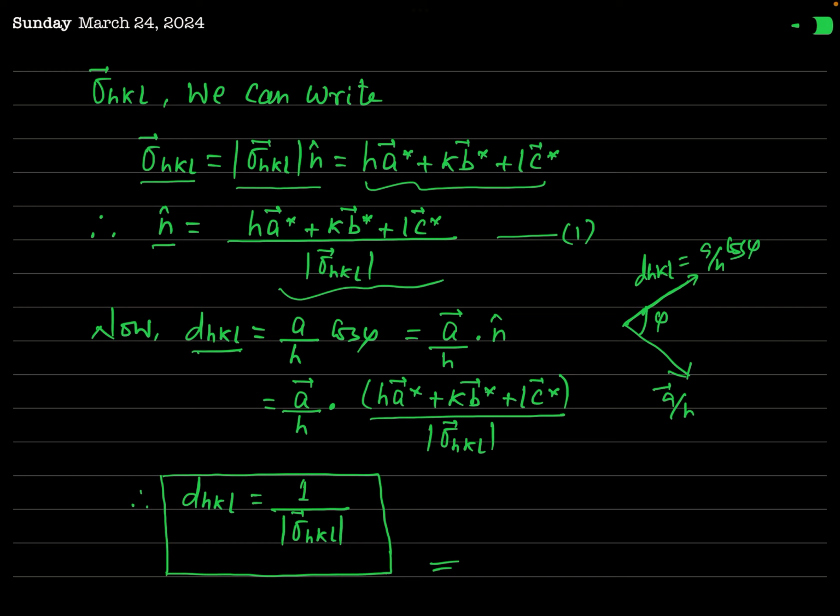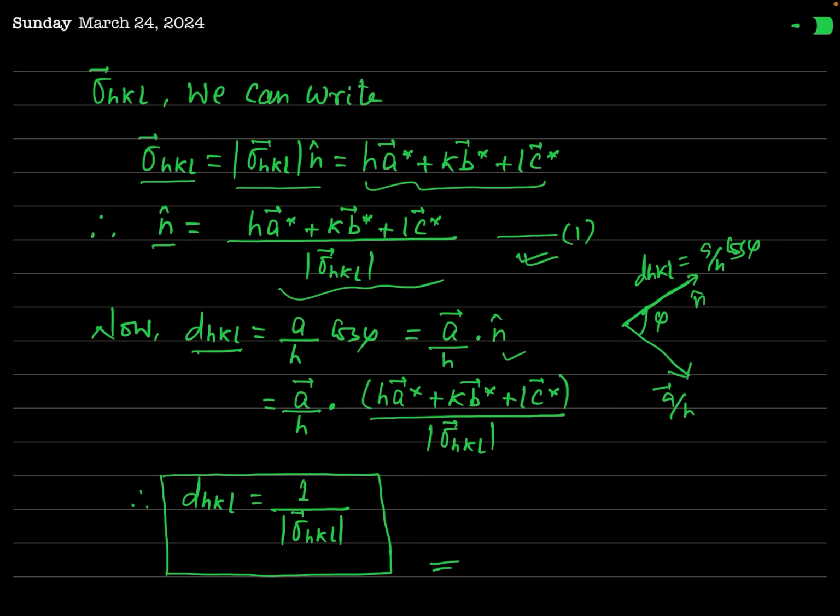But as the angle between this unit vector along the normal direction and the a by h vector is phi, this expression a over h times cos phi can be written as a over h dot n hat. But n hat we have obtained in equation 1.